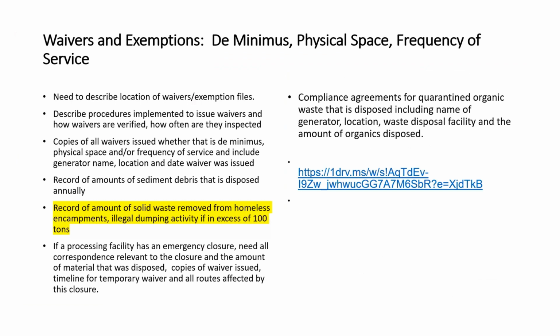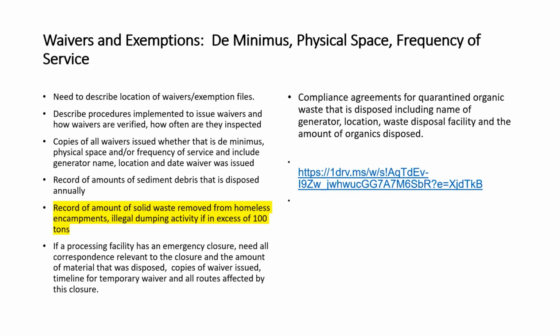Waivers and exemptions. So de minimis, a waiver can be issued by the city if a generator generates the minimal amount of organics that's not required by SB 1383. Another one the city can authorize is a physical space waiver.